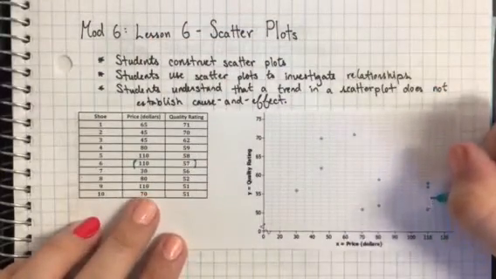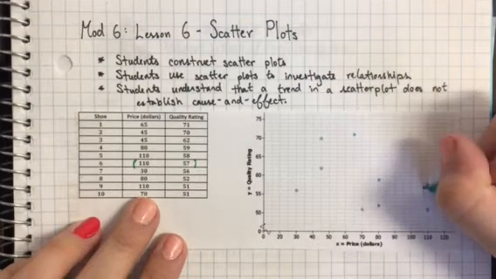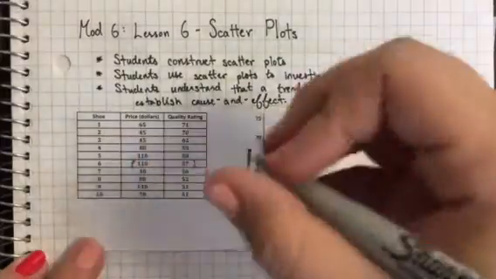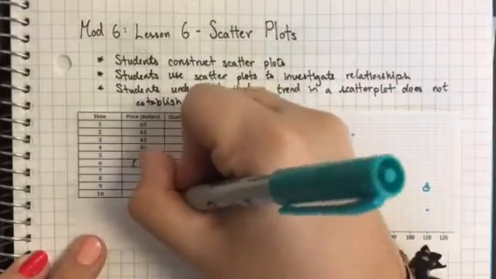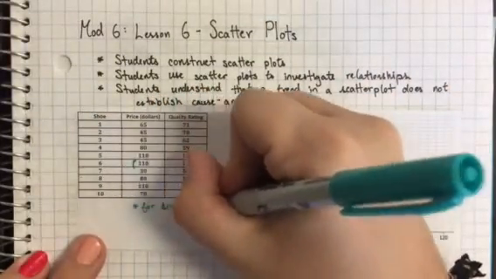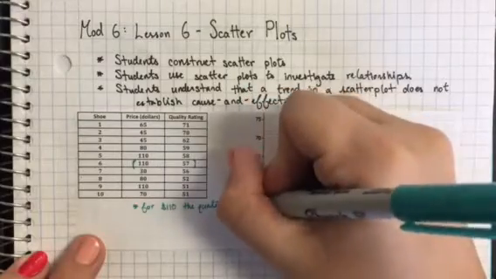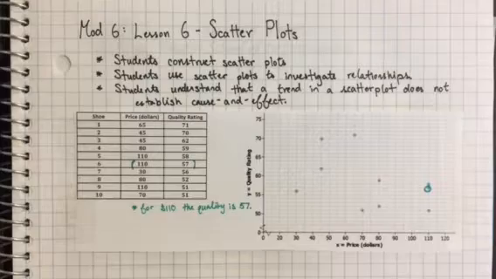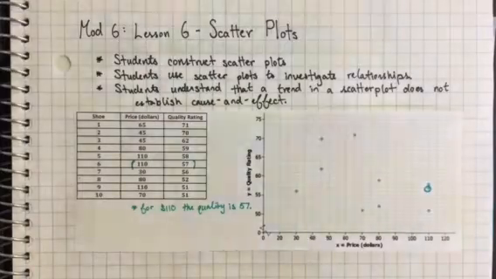And we have here the price and the quality. So one example of this data says that a pair of sneakers that's $110 has a quality rating of 57. And we see that point on the graph where I circled it.